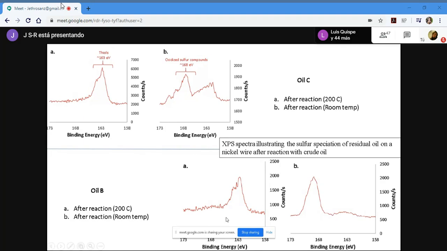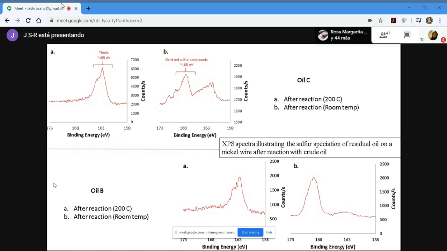We also did the same sort of experiments with oil B. Oil B is, as you can see from the picture at the bottom right of the screen, at room temperature, composed predominantly of oxidized sulfur compounds, but after reaction with nickel wires at 200 degrees Celsius, this oxidized sulfur has been reduced to thiols or to reduced sulfur.